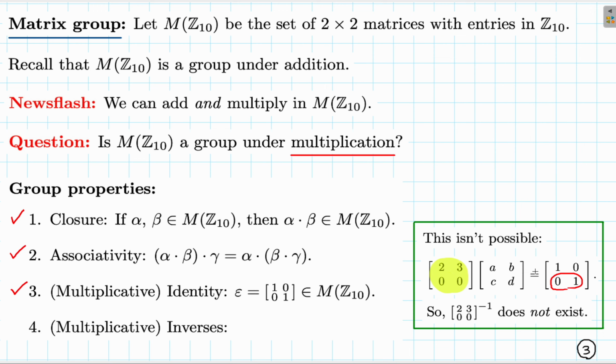So this isn't possible. And therefore, [2, 3; 0, 0] does not have a multiplicative inverse. And therefore, not every element of M of Z10 has a multiplicative inverse. And unfortunately, it is not a group under multiplication.